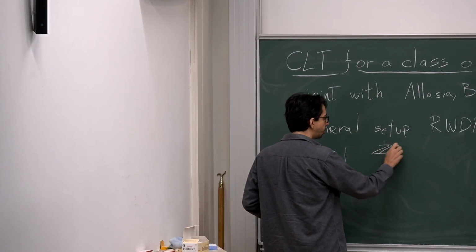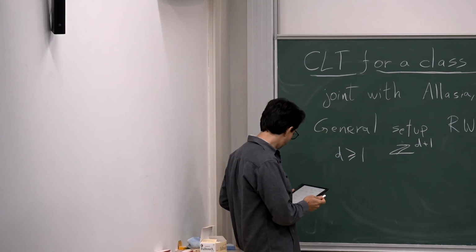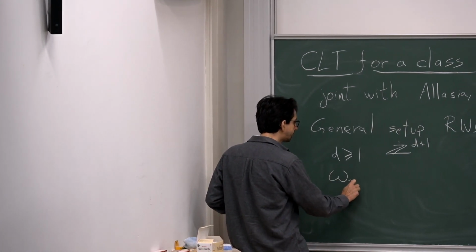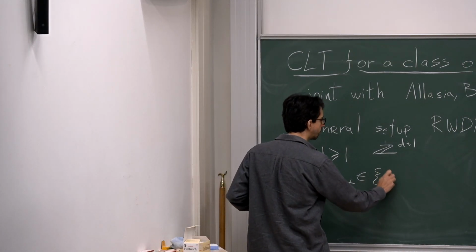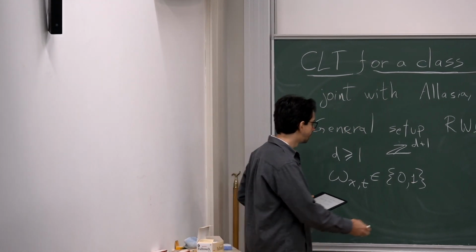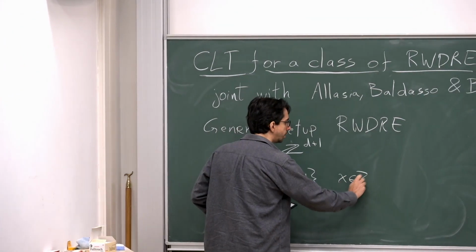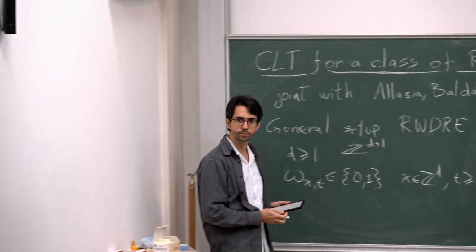So we'll basically think that we are in Z^(d+1). We're going to fix a space-time environment that for simplicity is going to assume only two values today. So this is omega(x,t) for x in Z^d and t a non-negative integer.